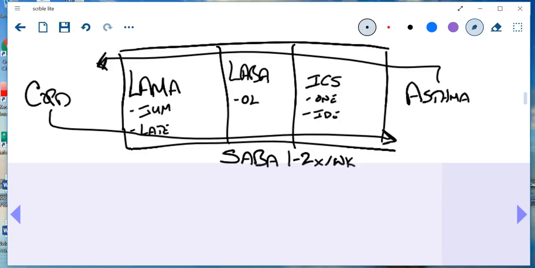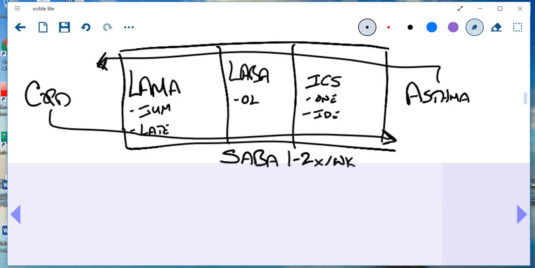So there's your LAMA LABA combo. Brand new one that's recently out on the market, Bevespi. That's your glycopyrrolate, which we talked about here, with formoterol. So again, those are just some easy tricks to be able to check your classes just by knowing what they end in, being able to look at your combos.